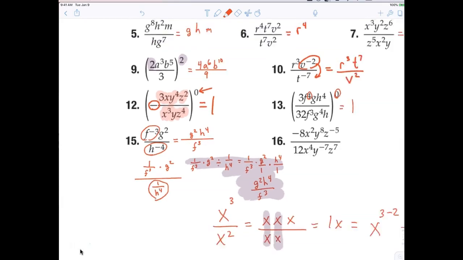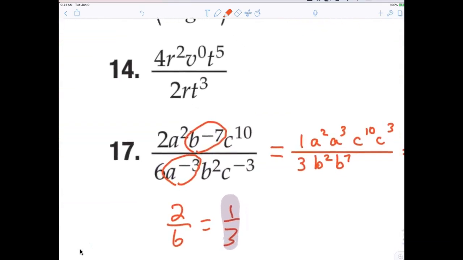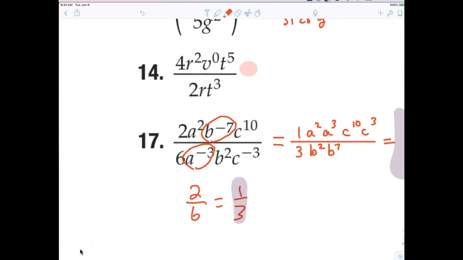All right. Cole, you're up on number 14. Which is what? Good. And then?